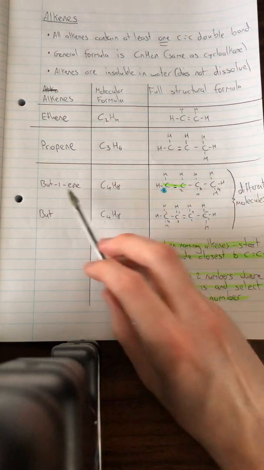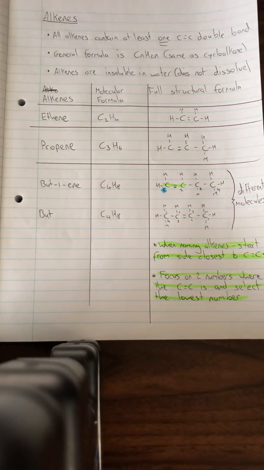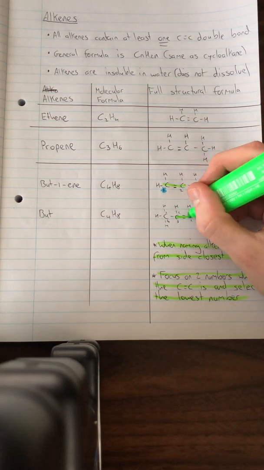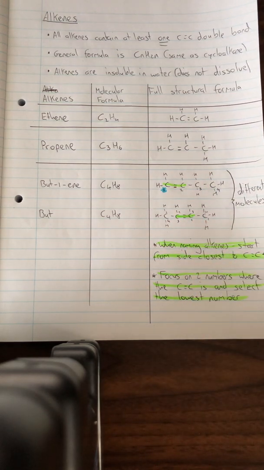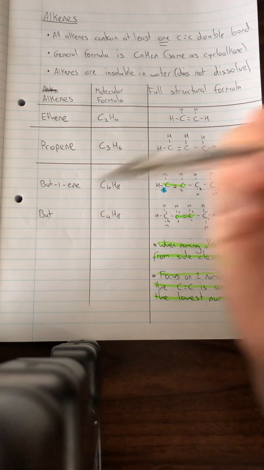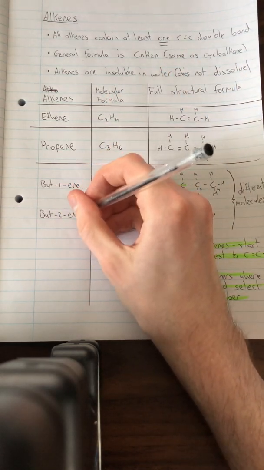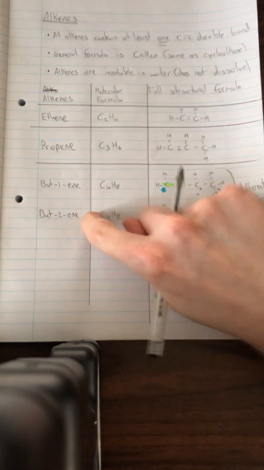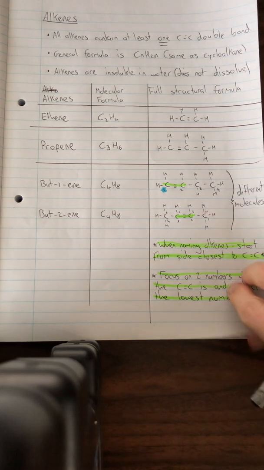So this molecule becomes bute-1-ene. Now, the second one, the carbon to carbon double bond is between carbons 2 and 3. So what's the lowest number? It's 2. So this becomes bute-2-ene. Like that. And that there is how we name our alkenes.